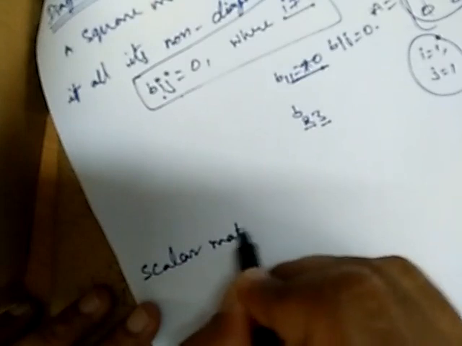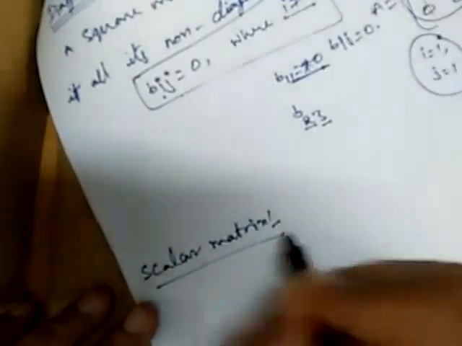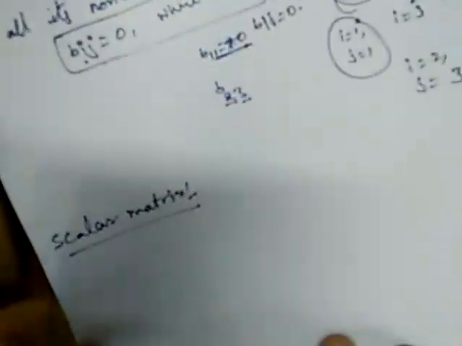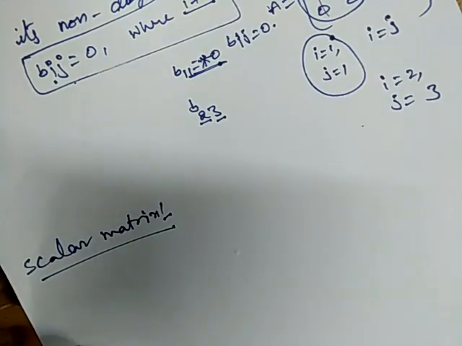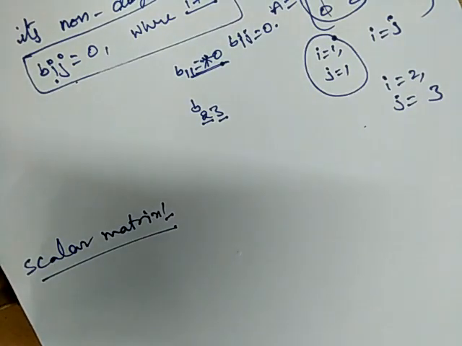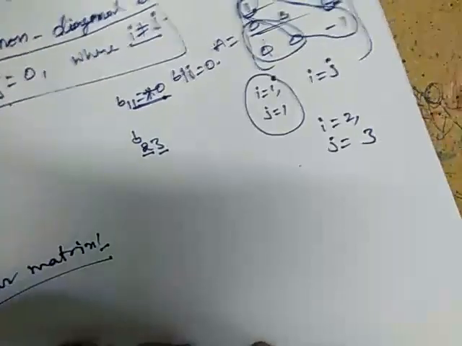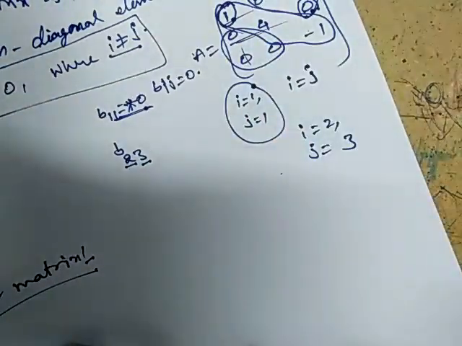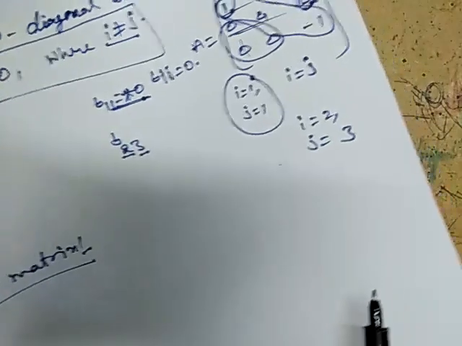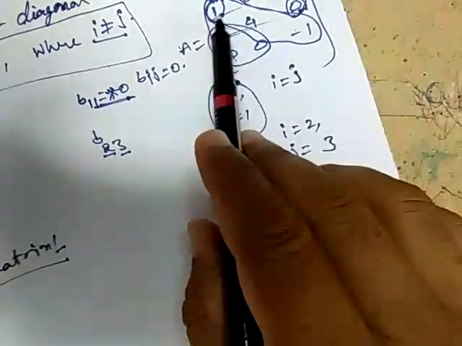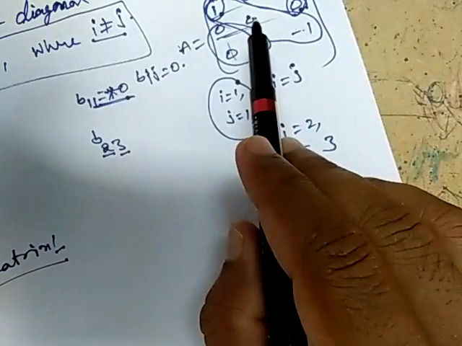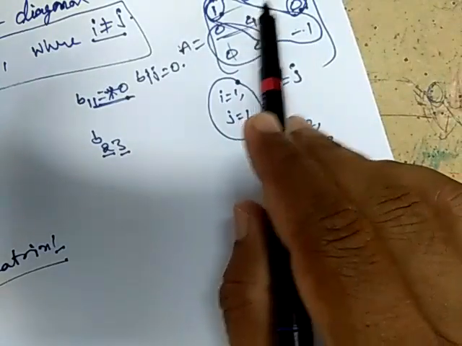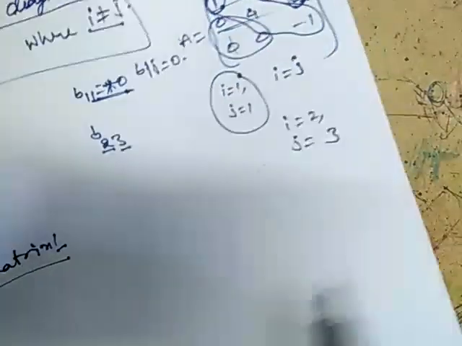Next, scalar matrix. It is just similar to a diagonal matrix, but in a diagonal matrix, the diagonal elements can be whatever you take. In a scalar matrix, the diagonal elements are equal and the non-diagonal elements are 0.